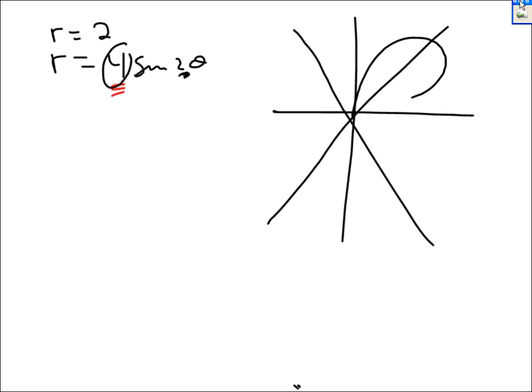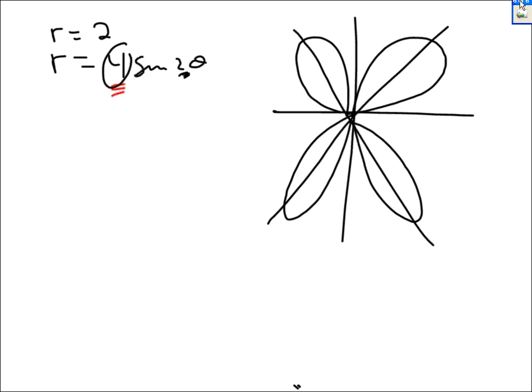There are my perfectly drawn 4 petals. And r equals 2 is like that. So like I said, why don't we just find out one of those areas? Then I'll multiply it by 8. Okay, so it's going to be 8 times some integral.